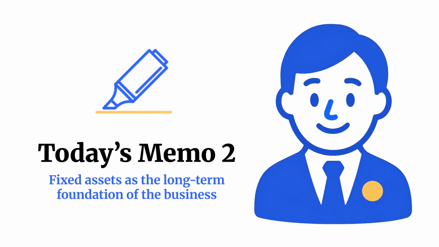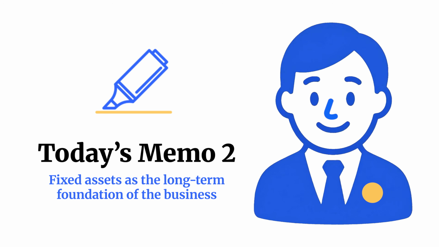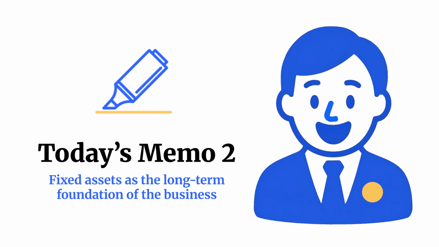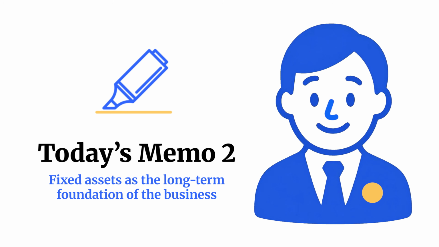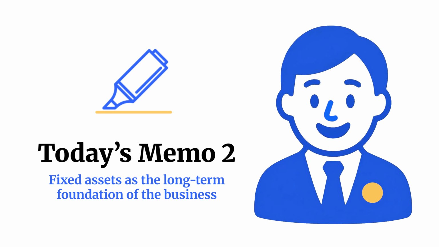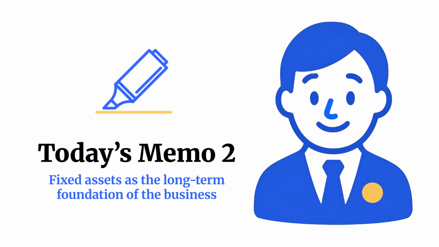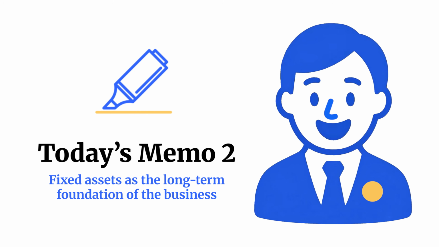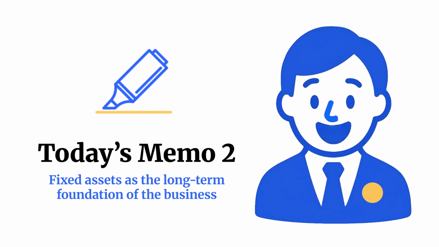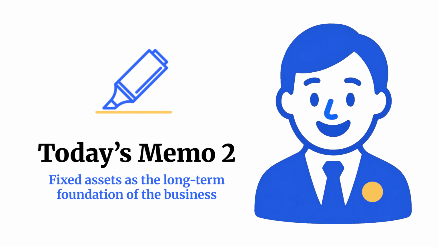Second, the mixing of personal assets into company assets in small and medium-sized businesses. This is more common than you might expect. Assets such as a company owner's personal car or vacation home may be recorded under the company's name.